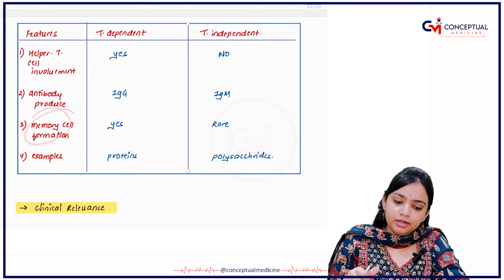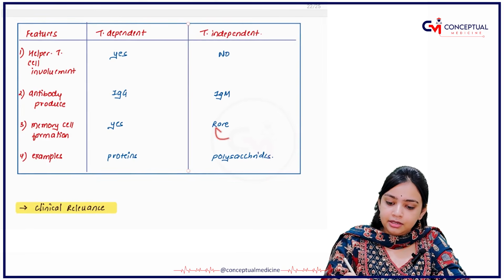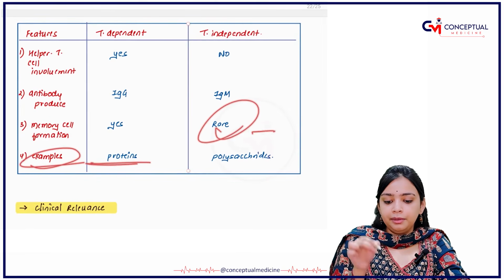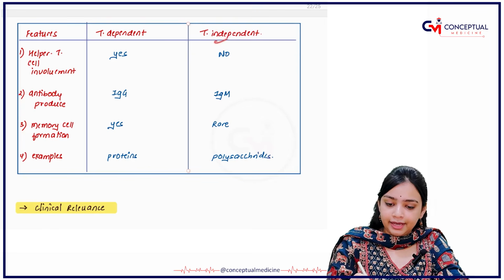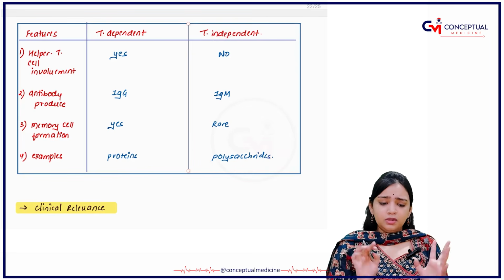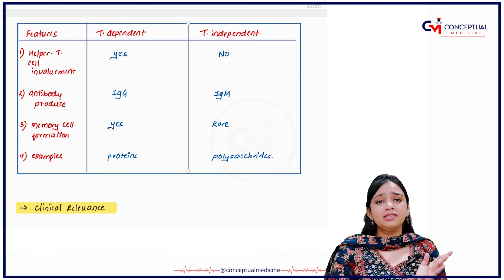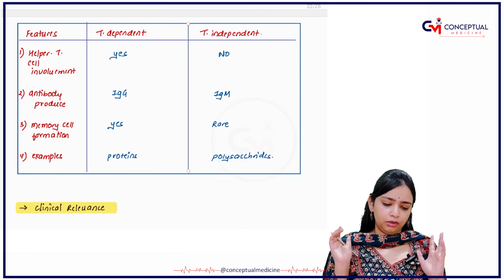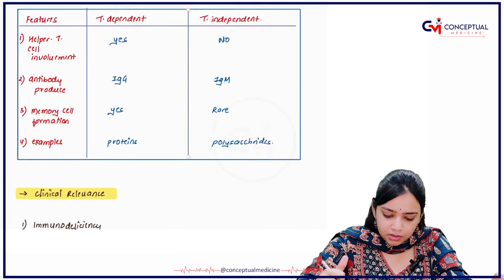Memory cell formation is there in the T dependent, but it is rare in the independent one. The examples are protein in the T dependent, and polysaccharides in the T independent. It may not be asked, but if it is asked, it will be a 2-mark question only, not more than that, because it's not that important.